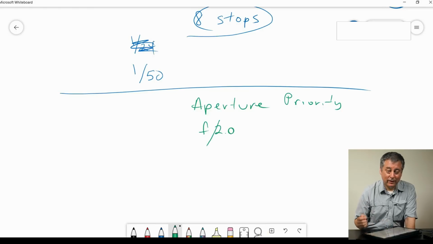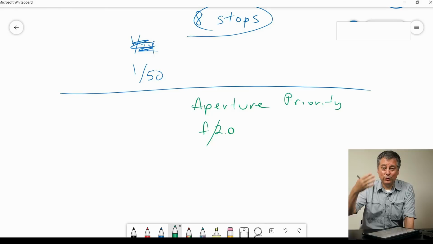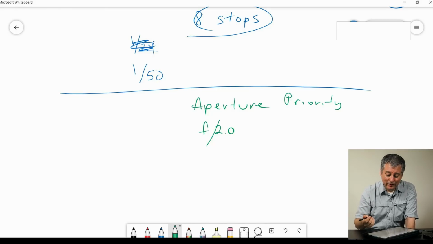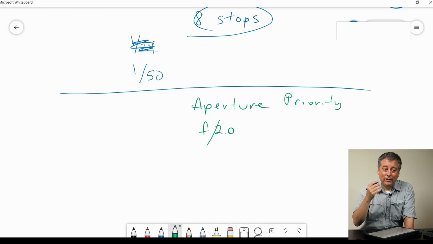Maybe that's the desired aperture you want. I'm shooting at f2.8 because I don't want the depth to feel too shallow, right? But it's better to have the control over the depth of field than really any of the other settings.